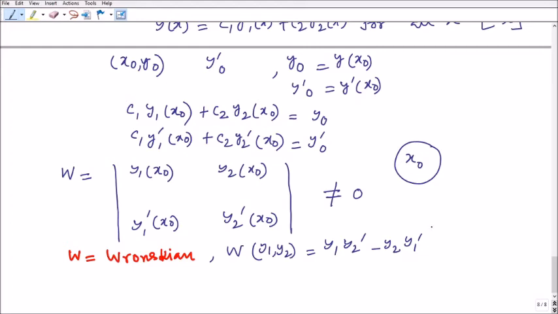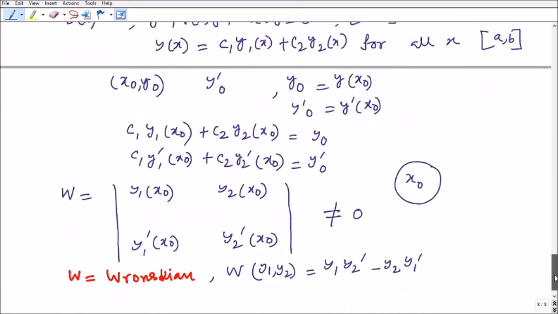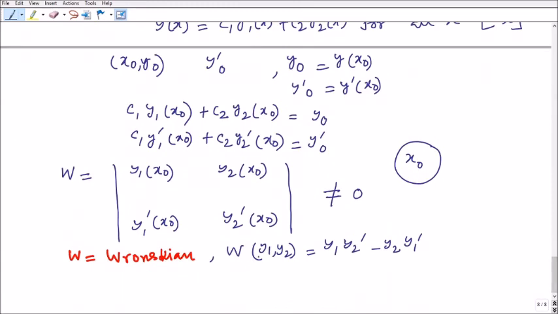We can prove that this point has no importance, because W is either identically 0 or not 0 on that interval AB. So W is either identically 0 or not 0, for the solutions to be linearly dependent or independent.